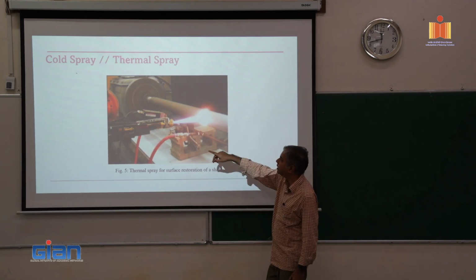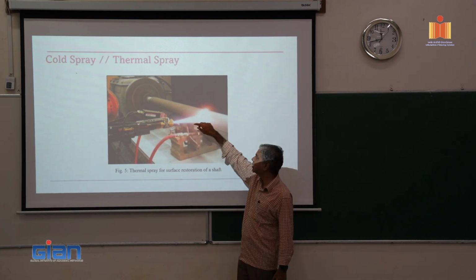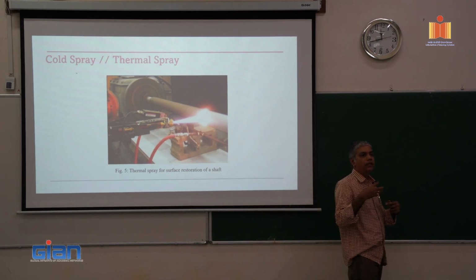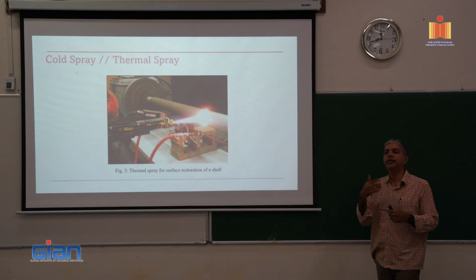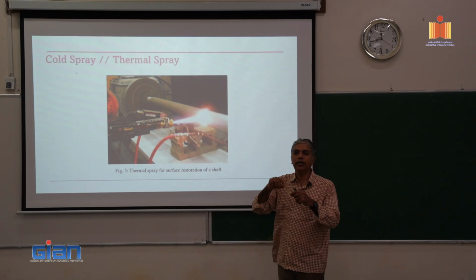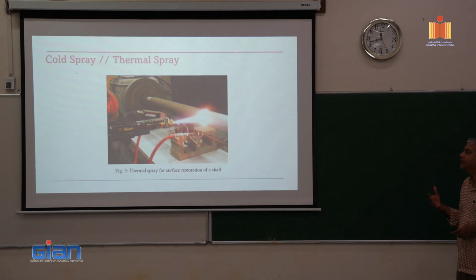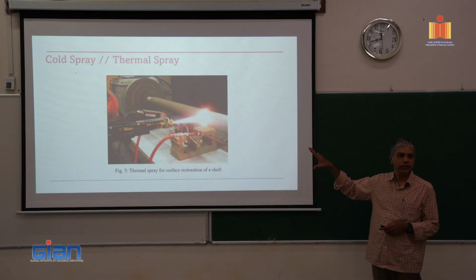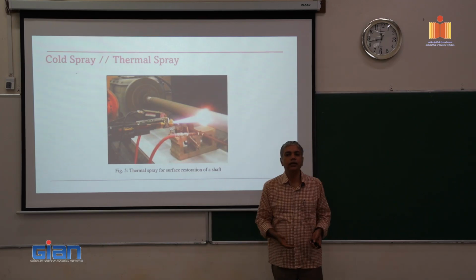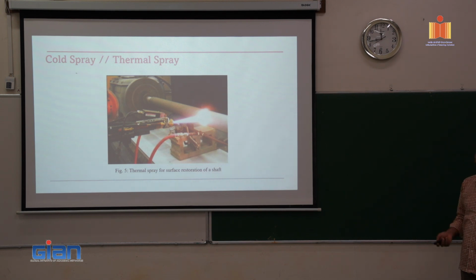So what is happening here is, you can see this is the material gun, which is spraying a thin liquid, and this shaft is rotating, and you can essentially resurface the shaft, increase the thickness of the shaft, etc., by continuously depositing a thin layer. So you are not doing it selectively, you are uniformly addressing the material thickness, the wear of the shaft in multiple places. In such situations, you are able to again increase the life of the component, the shaft, etc., without having to replace it.